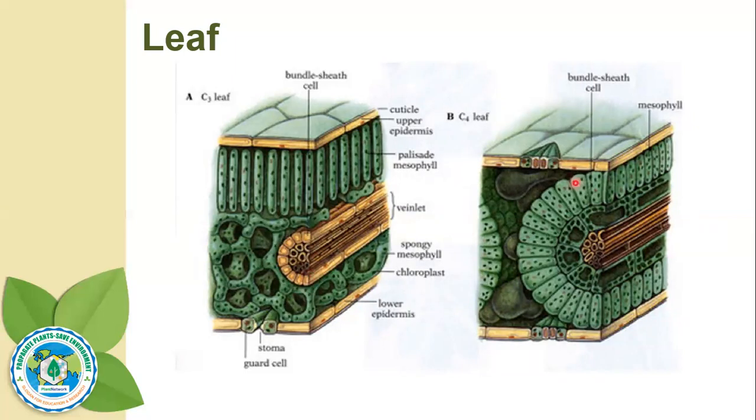As compared to this, the C4 plants have bundle sheath cells that have chloroplast within them. It means that in C4 plants, the bundle sheath cells perform the function of photosynthesis, whereas in C3 plants, it helps in the transportation, import, and export of different types of materials of the leaves.